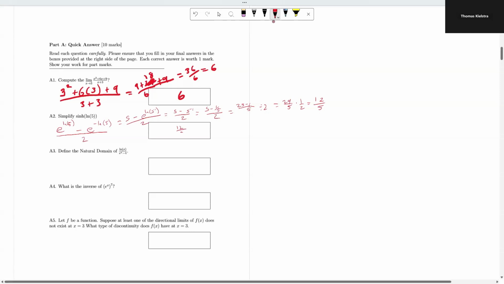So we get 12 over 5. Fractions are lovely. If you wanted to do 2.4, you're more than welcome to do 2.4. Okay.